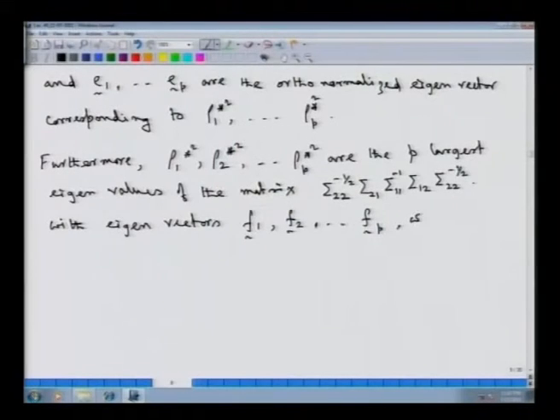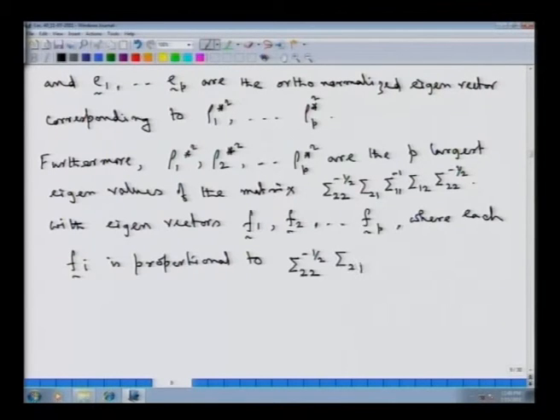And we will also have the following, where each Fi is proportional to sigma 2 2 to the power minus half, sigma 2 1, sigma 1 1 to the power minus half times Ei.